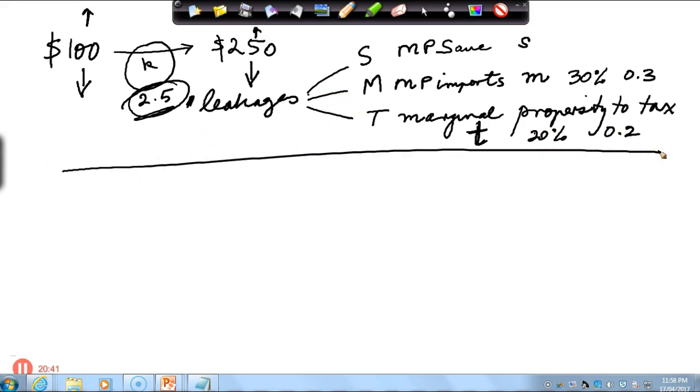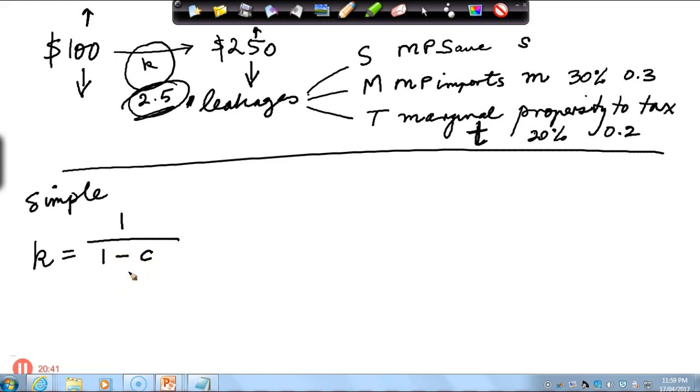I'll show you something. I'm not going to explain this in detail; I'll save that for another lecture or another video. But let's just say we made our economy a very simple economy in which households could either spend or save and that's it, there's no taxation and no imports. Then the multiplier K would be calculated by 1 over 1 minus little c.